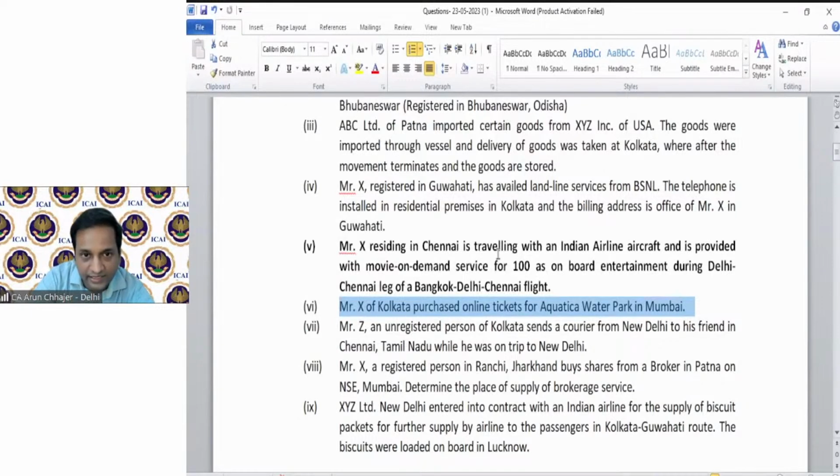Again, the example is of section 12, which talks about event-based services.